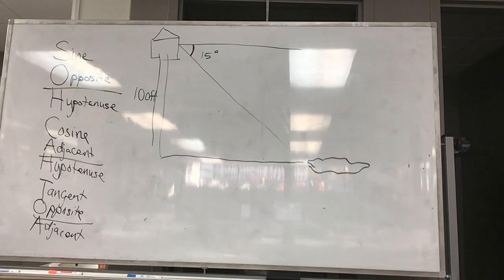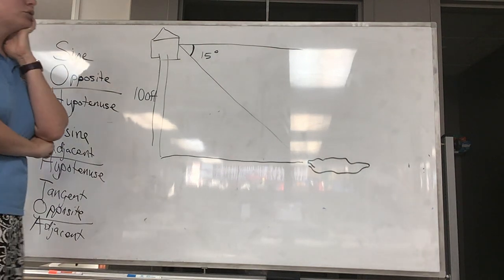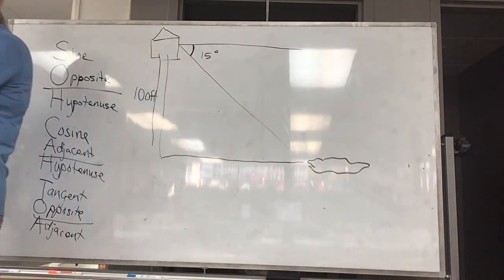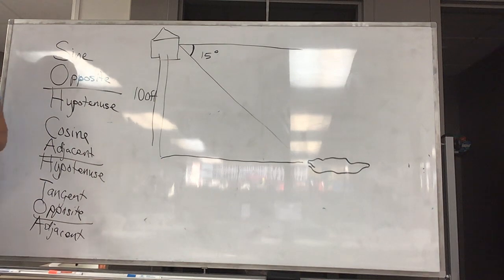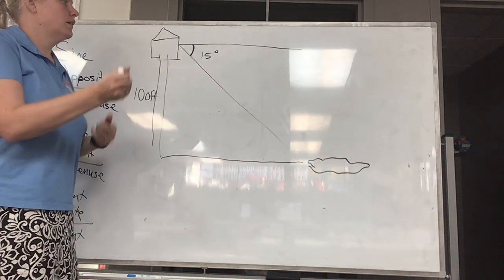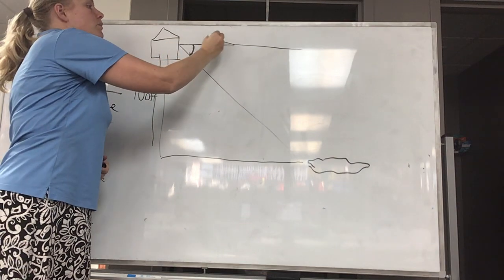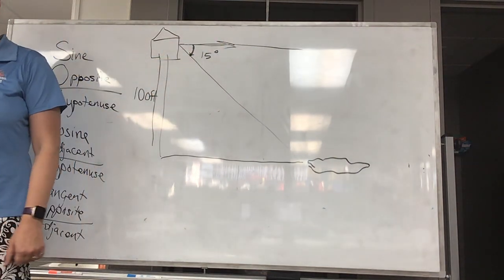So, with angles of elevation and depression, it's not always inside the triangle. And there's two ways to deal with it. Whichever one makes more sense to you, stick with it. The angle of depression is the angle at which she's looking down from being straight across.